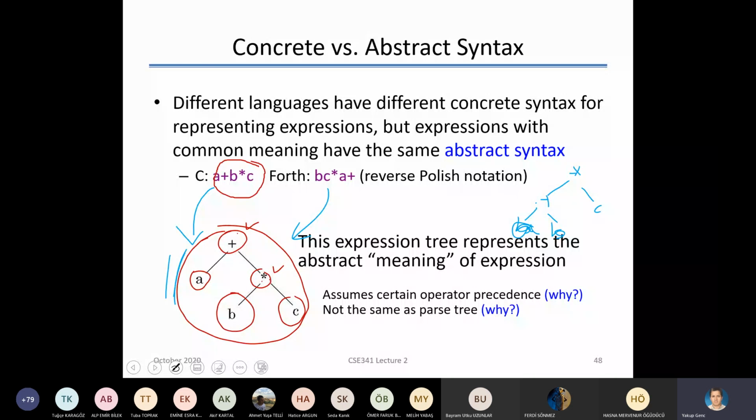Why? Because we have some assumptions built in. The assumption usually is that multiplication takes priority over addition. Why? Because this is what we have been taught. And this is maybe the unwritten rule. Maybe it's written somewhere as well, I don't know.